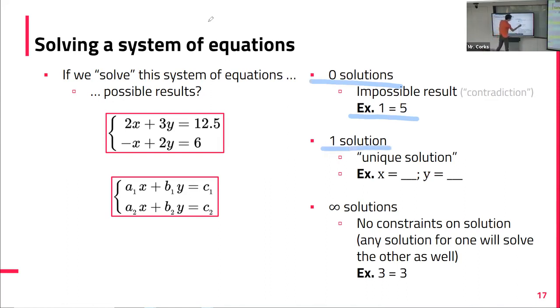If we get 1 solution, then it just kind of works out nicely. Here's the x value, here's the y value. That's probably what we would usually expect. The other one is if there's an infinite number of solutions, if they're coincident, then we'll get something where there are no constraints. So again, the 2 variables will just sort of disappear as we do our solving.